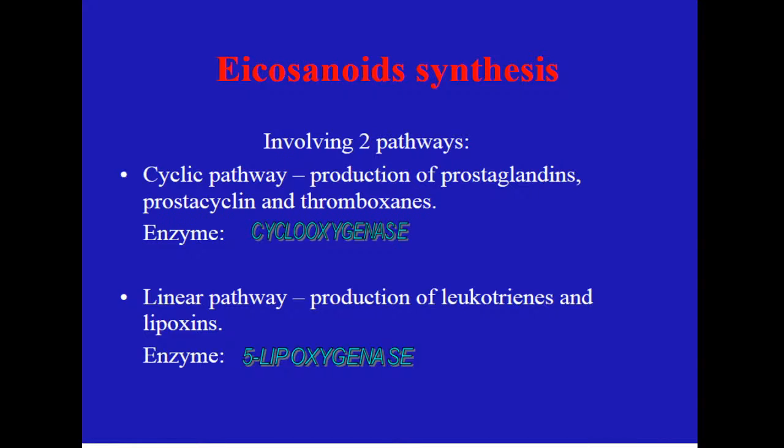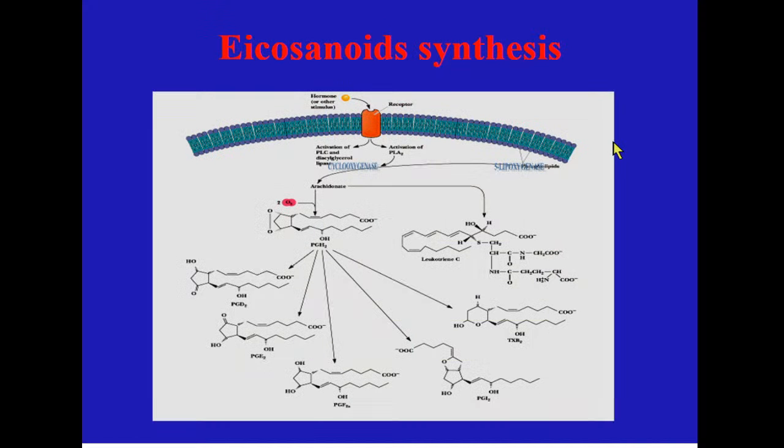Lipooxygenase, remember, LL, letter L, is necessary for leukotriene formation. All other prostaglandins, prostacyclins and thromboxanes are formed with the help of cyclooxygenase. It's a general name; there are several cyclooxygenases. You will learn this in further courses. At this moment, only an overview of this process.